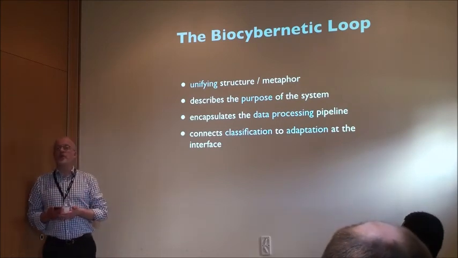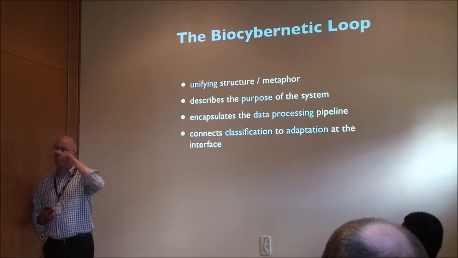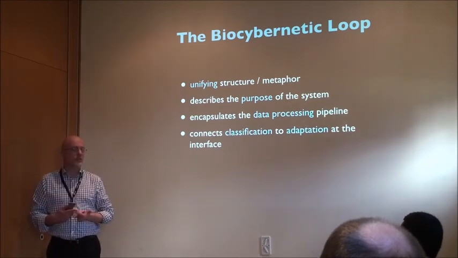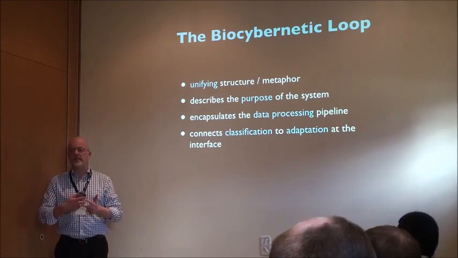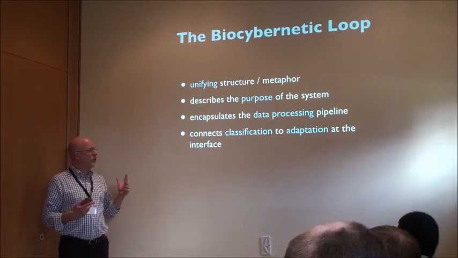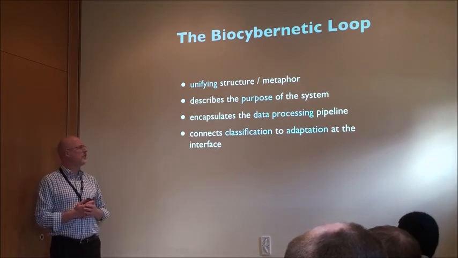As you might imagine, and as you're going to see later on, there is a whole data processing pipeline associated with these types of systems, by which we take raw data, we translate it into some kind of representation of state, and then we translate that state into actions at the interface. And so the loop encapsulates that data processing pipeline from the beginning to the end.